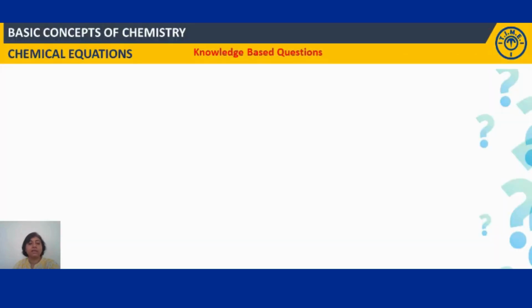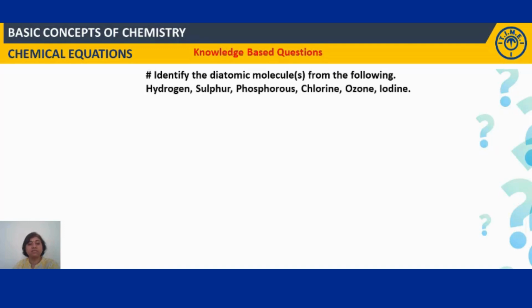So now we will study about some knowledge based questions. These are subjective questions but simple questions. Okay, let us start. Identify the diatomic molecules from the following. Let us see. Hydrogen, sulfur, phosphorus, chlorine, ozone and iodine. Let us work out. So what you have to do?